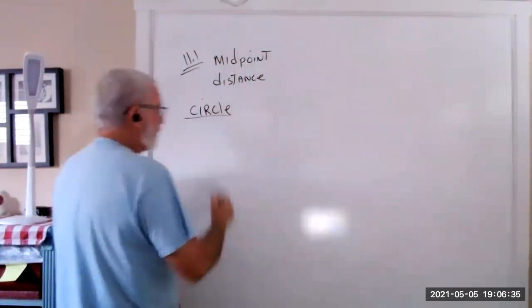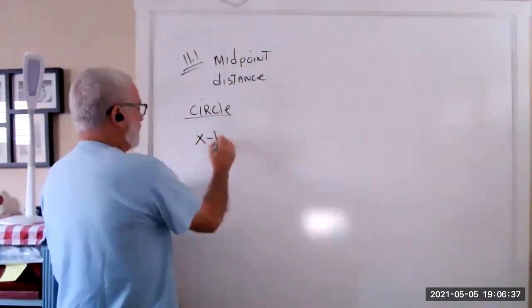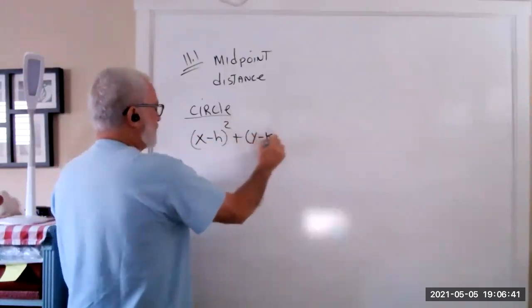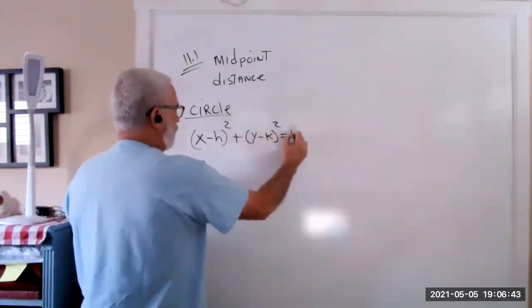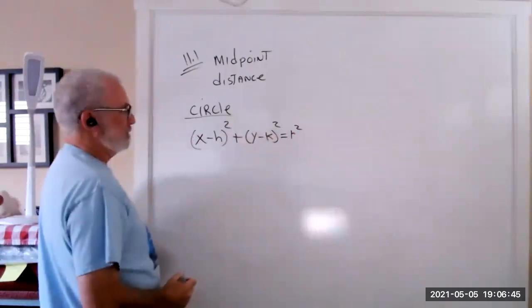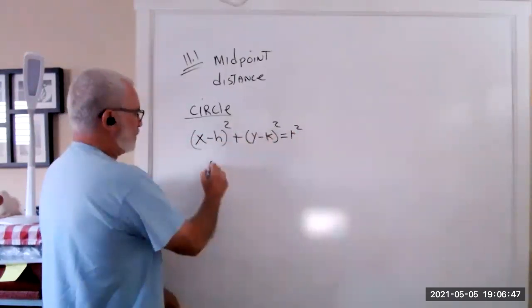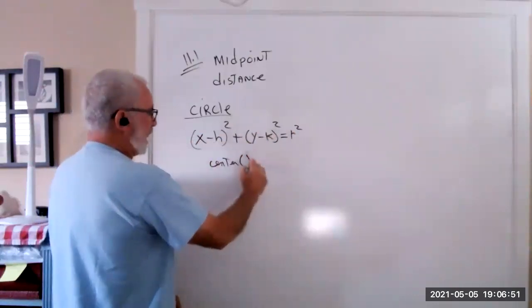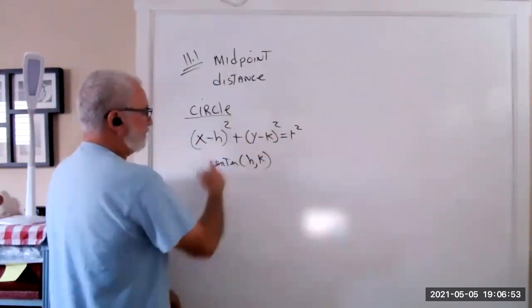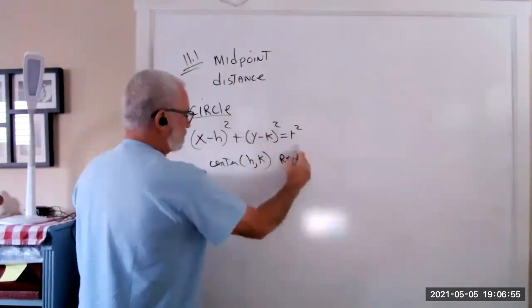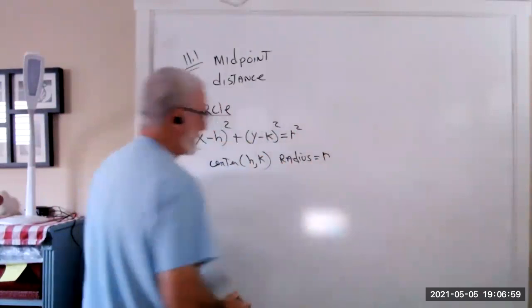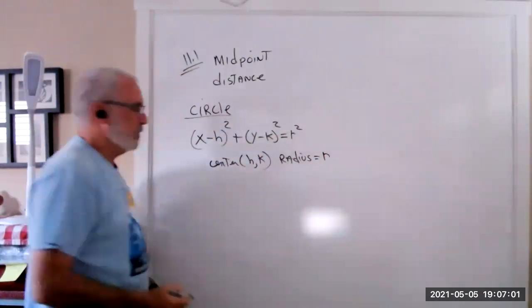And the format for the circle was x minus h quantity squared plus y minus k quantity squared equals r squared. And the center was (h, k), and the radius was r. That number there, r.